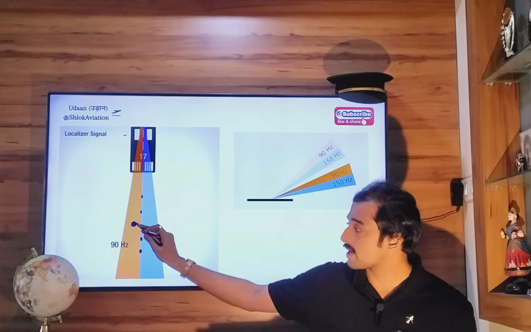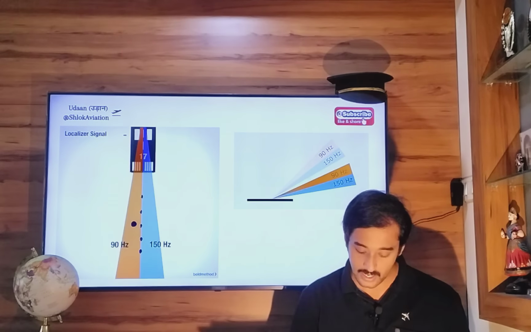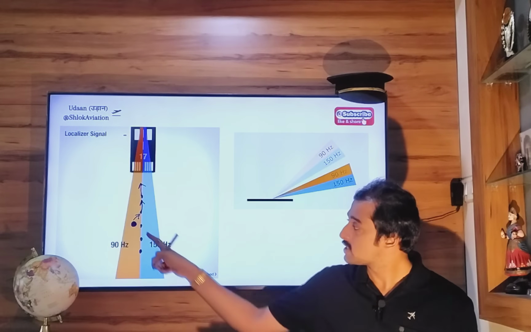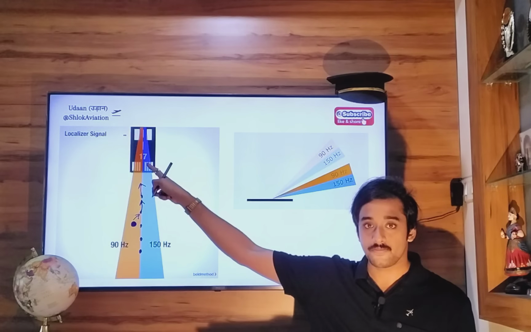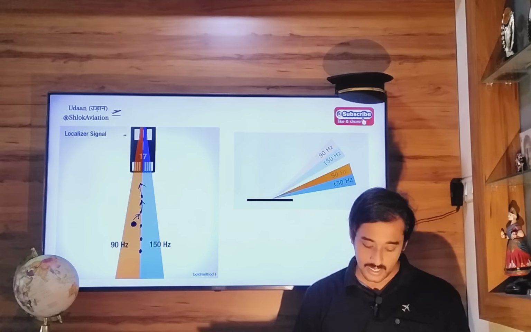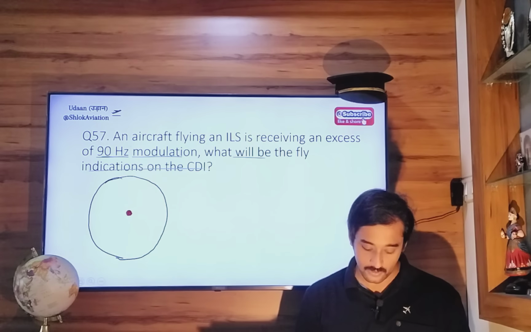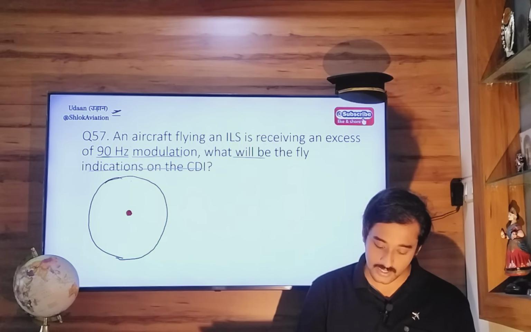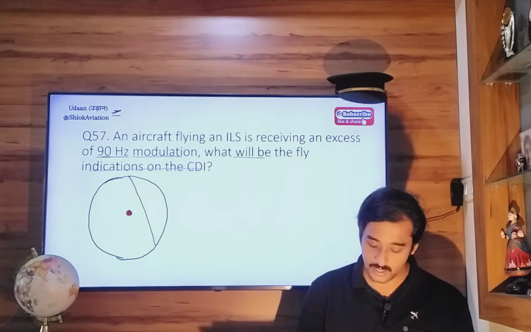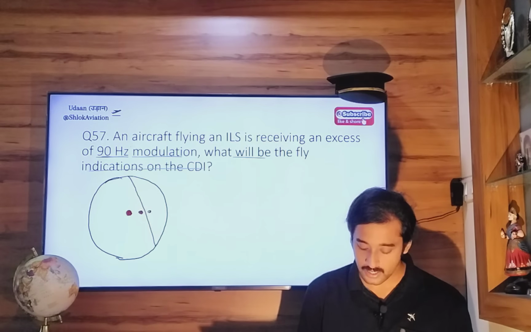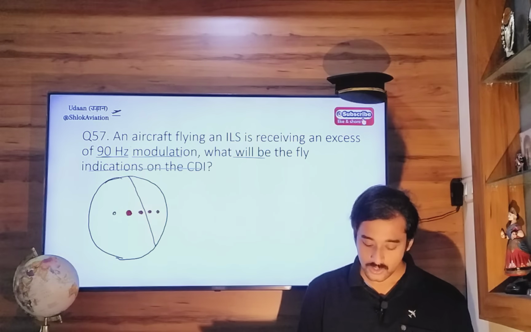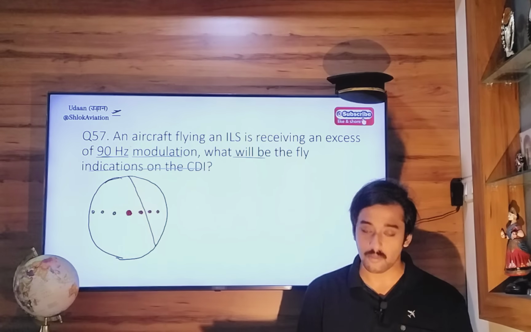So our correct course of action will be to fly right hand side, and then fly this center line straight ahead. Okay. So the CDI indication in this case, what will it do? It will tell you to fly right hand side. So it will move somewhere here to the right hand side like this. Okay. So you will have to follow that CDI command.